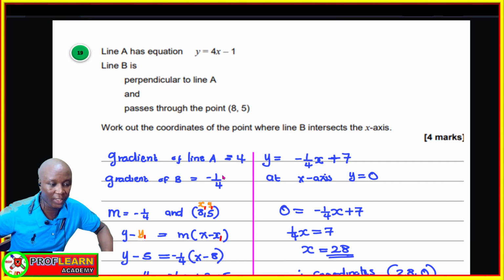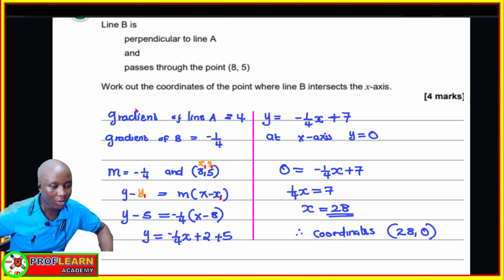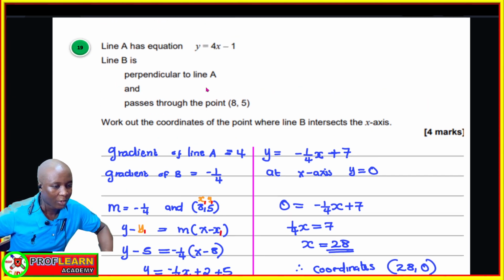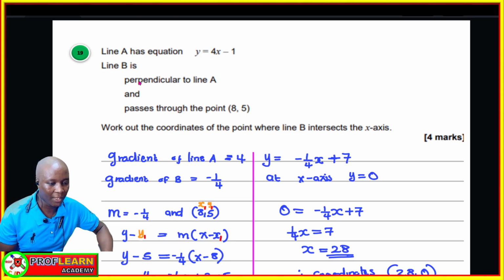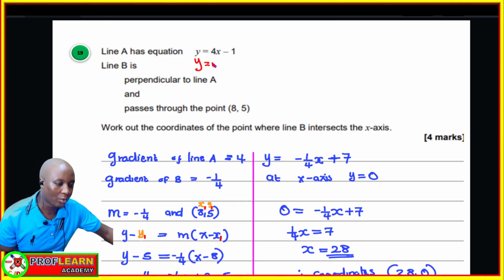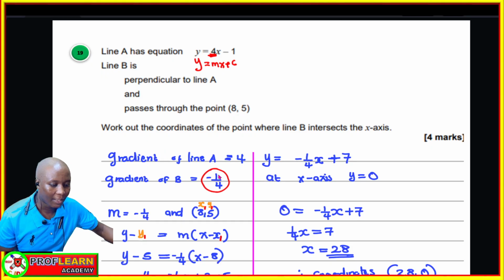Finding the equation of a line and the equation of a perpendicular line. So we are told that a line A has this equation. B is perpendicular to A. So from this equation, you can say y is equal to mx plus c, meaning the gradient of this line is 4. So the gradient of the perpendicular line is going to be negative 1 over 4.